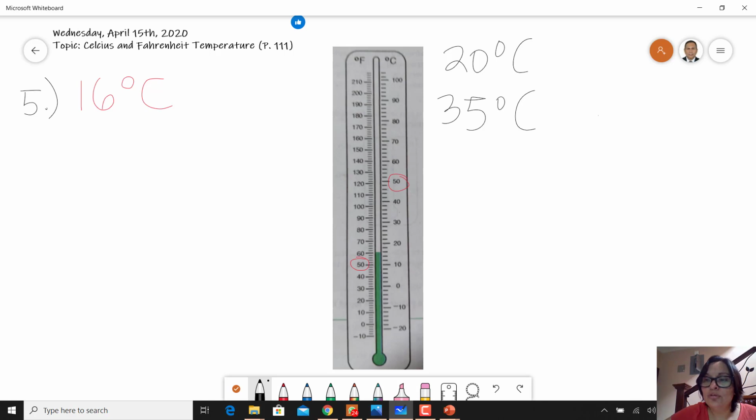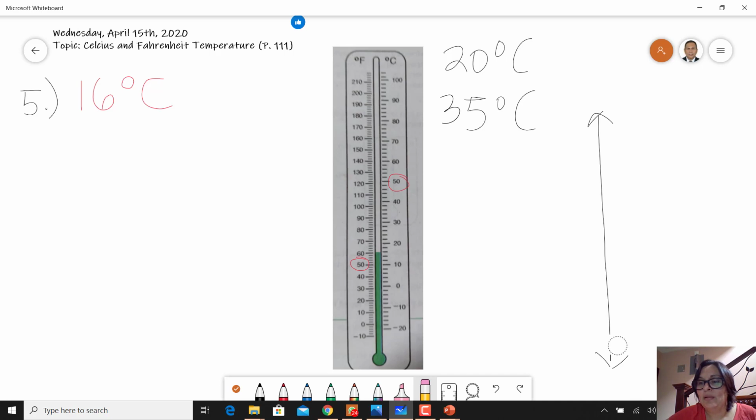So you have to draw a thermometer, okay? And are you going to need 0? No, right? Because none of these are minus. So both of them are over 0.